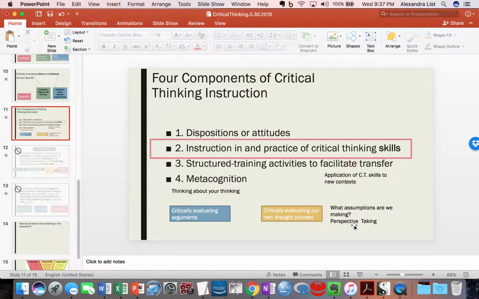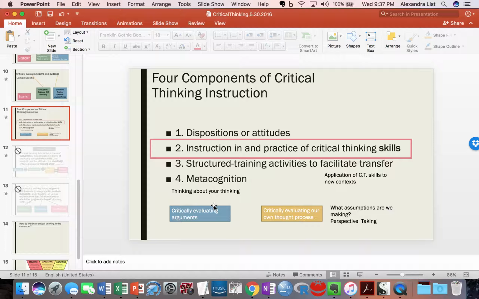And thinking about, am I supporting the argument that I'm making with rich enough evidence, right? So thinking about these kind of counter arguments, or thinking about, is the argument I'm making effective, requires metacognition. It requires us to reflect on our own thinking.